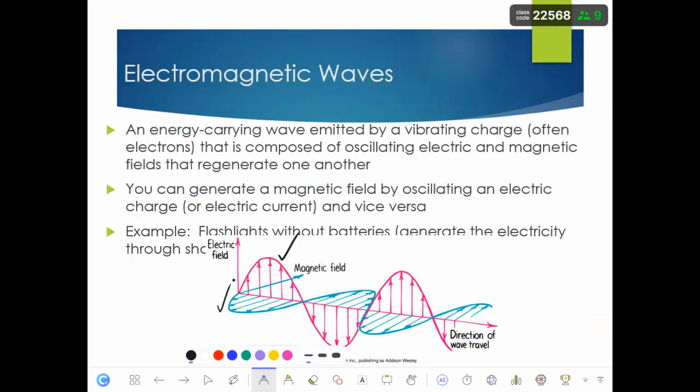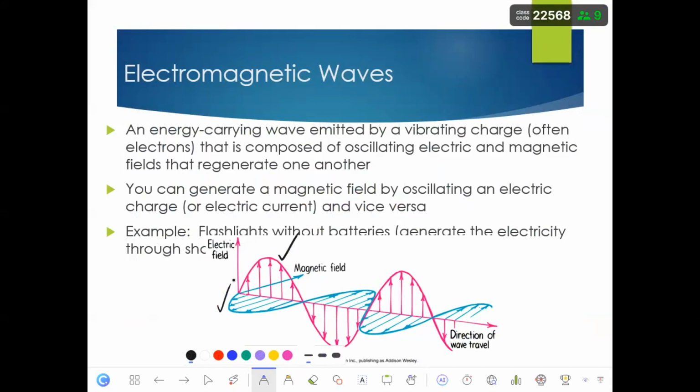Whenever we are talking about a wave, we will talk about the amplitude, wavelength, frequency, and the velocity of the wave. Whatever we have learned in unit 3, we will try to use those tools here to analyze the electromagnetic wave. Good.